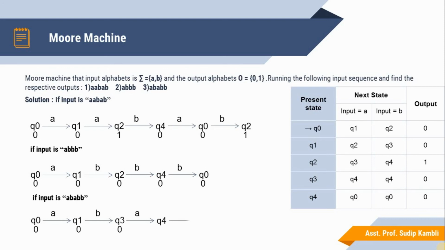Then Q3 scans the next alphabet A to go to state Q4, and the output will be 0. Then Q4 scans B to go to state Q0, and the output of Q4 is 0. Then Q0 scans B to go to state Q2, the output of Q0 is 0 and the output of Q2 is 1. So scanning the string A, B, A, B, B, the output produced is 0, 0, 0, 0, 0, 1.